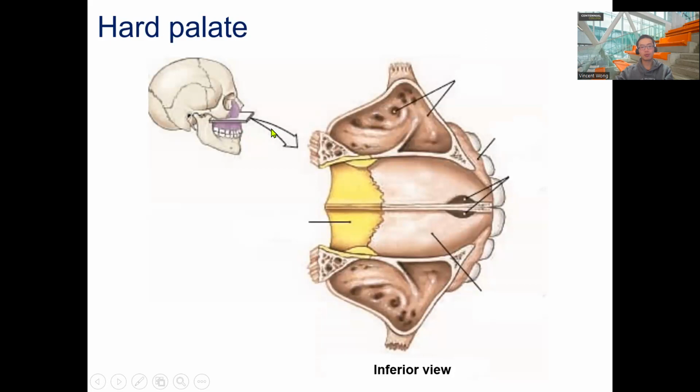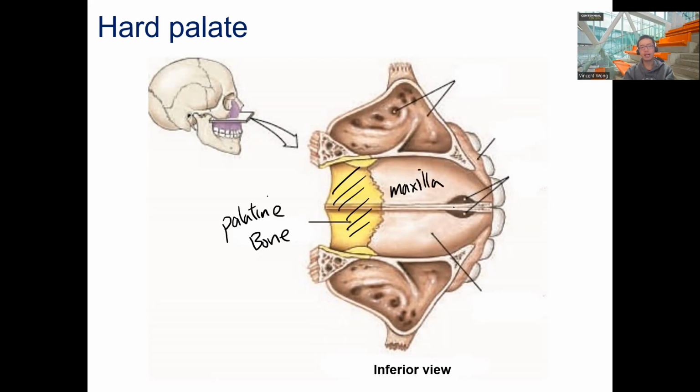Here is a picture that shows you if you take a transverse section here and you look at it from below, right? This highlighted one here, that's the palatine bone. The palatine bone actually forms part of your eye socket as well. We'll see that later on. And over here, that is your maxilla.